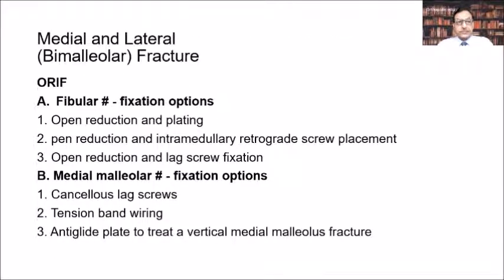What is the treatment for the bimalleolar fracture, which is also commonly called Pott's fracture? You have to fix the medial malleolus as well as the lateral malleolus. The fixation options for the lateral malleolus or the fibular fracture are open reduction and plating, open reduction and intramedullary retrograde screw fixation, open reduction and lag screw fixation.